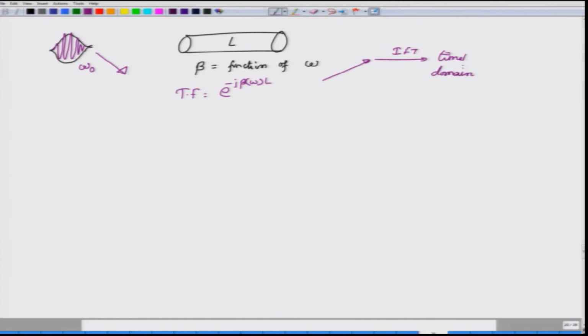This is precisely what we want to do. To begin with, instead of assuming a length L, we will assume a length Z, because we want to consider any distance Z, not only the output. This is also important for our numerical method of understanding pulse propagation, as we will see later.